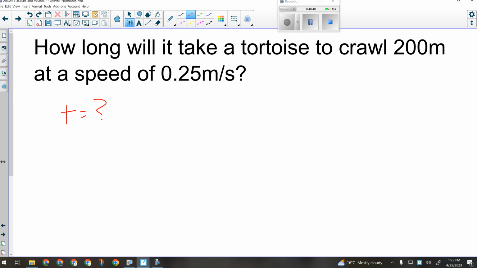That would be a distance. If it was a displacement, what else would there be? A direction: 200 meters forward or south or towards the beach, or whatever. And then at a speed of, so that's a dead giveaway. They told us it's speed.